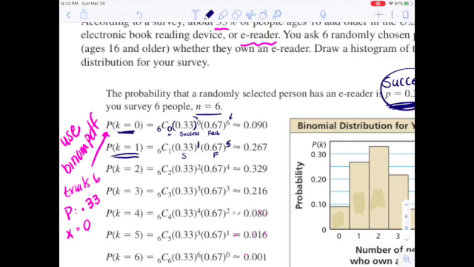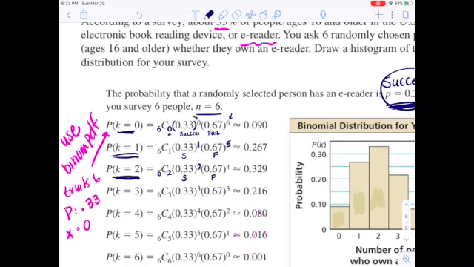So you have 1 success and 5 failures, and type that into your calculator and you get 0.267. Then the probability of 2 people having an e-reader: you get 2 out of 6 people, you chose 2 to have success.